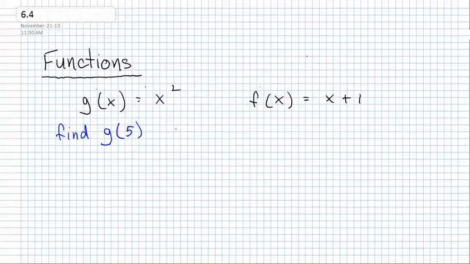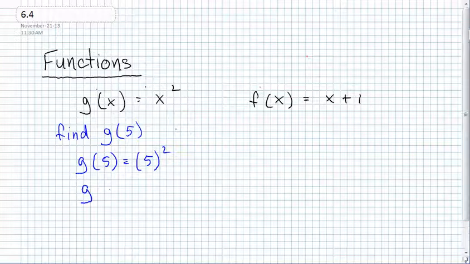I'll give you 2 seconds. So if you said, maybe in your head or wrote it down, g of 5 is equal to 5 squared. All I've done is substitute 5 in for x, just like I did in the original function. And so all I have to do is 5 squared, which is 25. So g of 5 is 25.